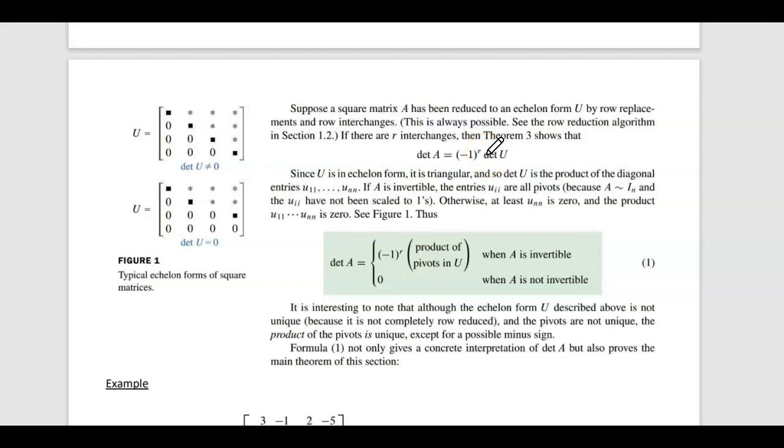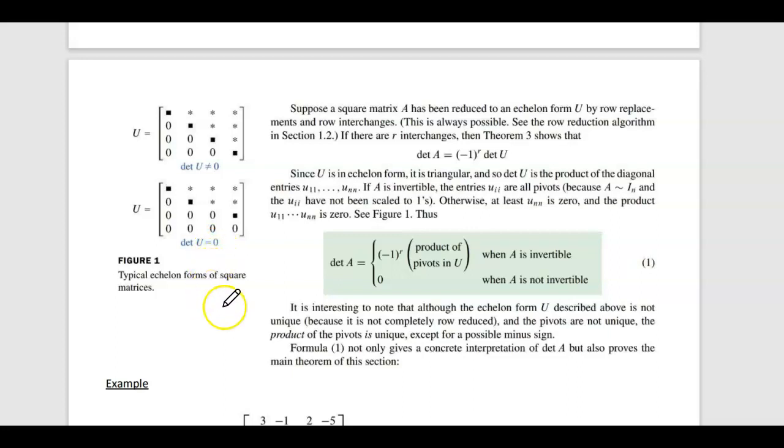That's based off of the B, and then times the determinant of U. It's also true that you can do -1 to the r and then the product of the pivots in U when A is invertible. Because if A is invertible, then all of those are going to end up being pivots, versus when they're not, then I'm going to end up getting the determinant of U equal to 0. So if A does not have an inverse, then the determinant is going to end up being 0.